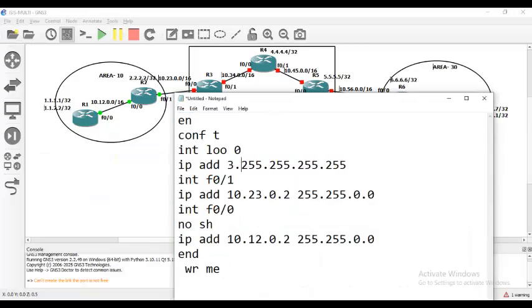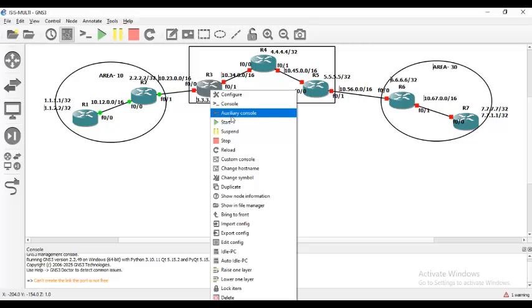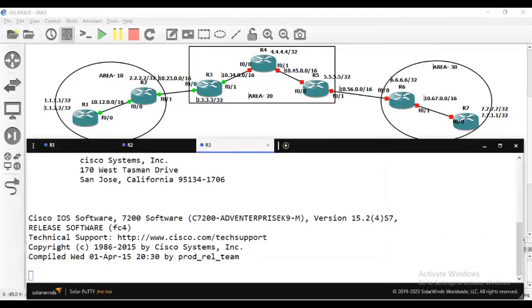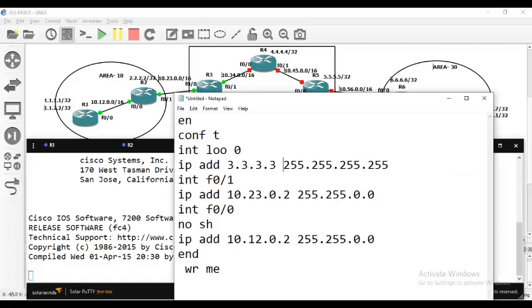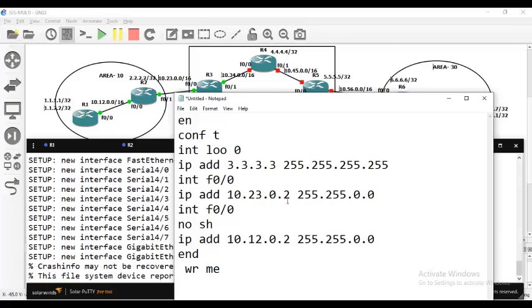Let me on this. Meanwhile, F00 will have 23.3. F01 will have 34.